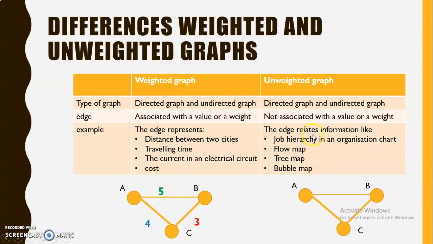So the edge can also relate information like job hierarchy in an organization chart. Also for example, the manager, then branch manager, and then CEO. So for example, COO, or the accountant, flow map, tree map, and bubble map. So these are the differences between weighted graph and unweighted graph.